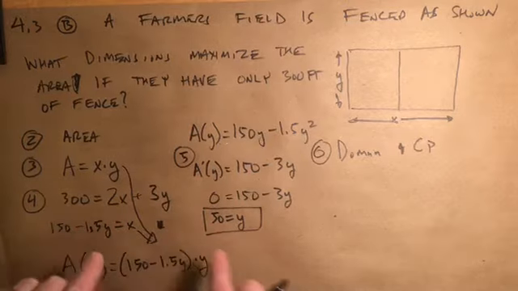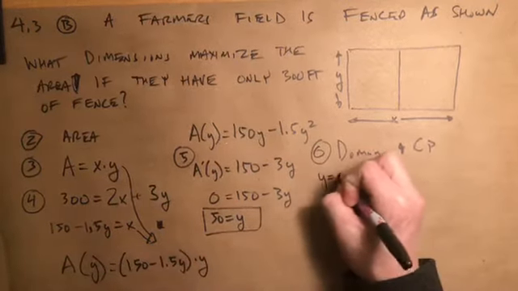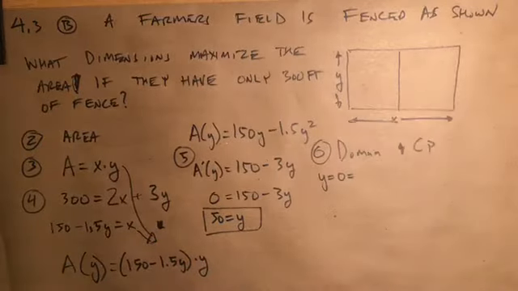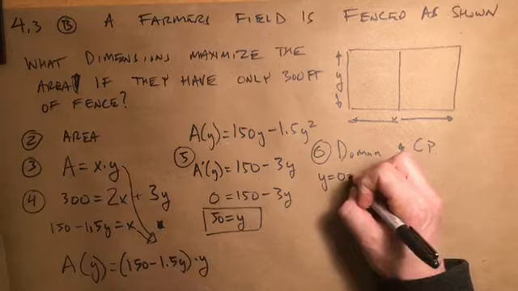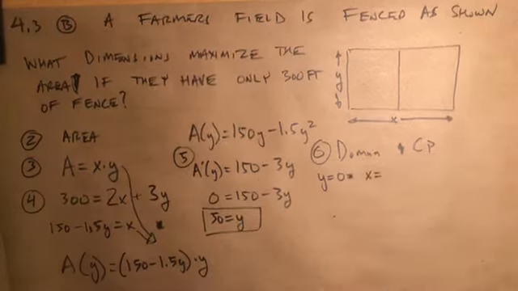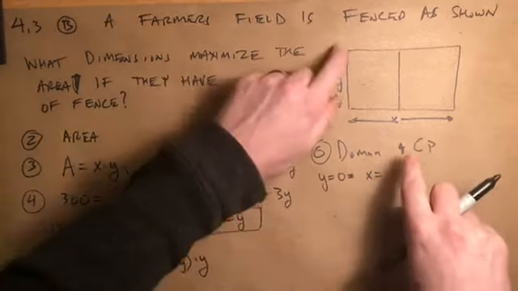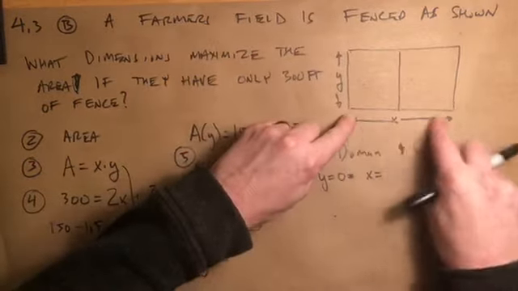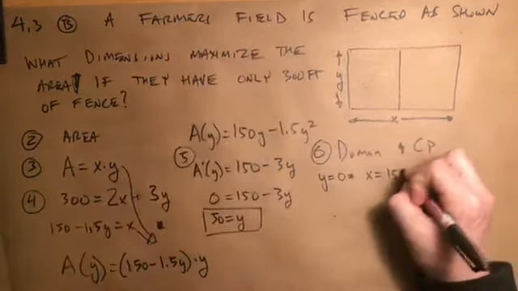And if I look at this, could y be equal to 0? And the answer is sure. I would have the worst rectangle's area possible. The area would be 0, but that would mean that x would be equal to what? I would take the 300 feet of fencing. That would be 0. This would be 0. That would be 0. And I'd use all 300 feet, and so x would be 150.